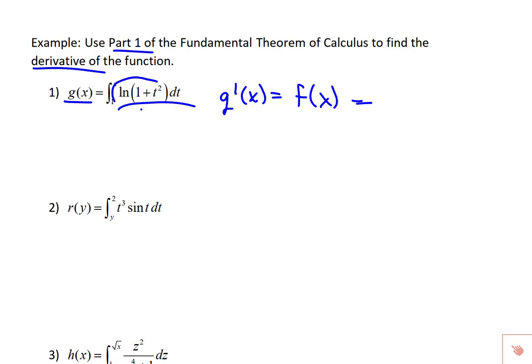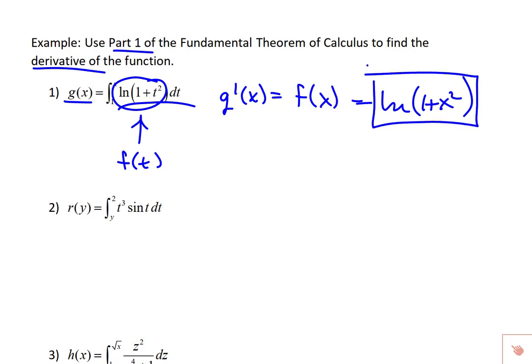So we have f of t defined here. This is f of t, that's the natural log of 1 plus t squared. So f of x is simply the natural log of 1 plus x squared. It almost seems too easy. We're just replacing t with x, but that's exactly what this theorem says works when we connect all these pieces together.